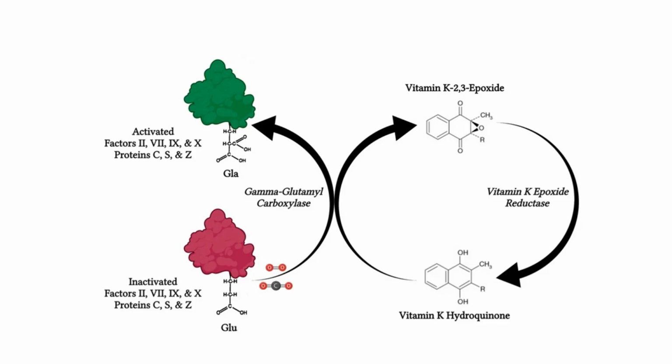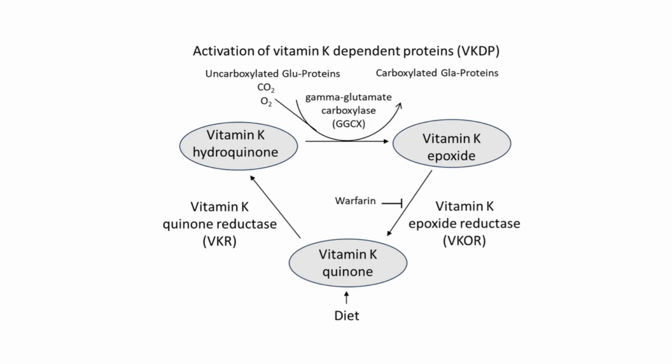Now the question is, where does vitamin K come into this process? The enzyme gamma glutamyl carboxylase uses reduced vitamin K as an essential cofactor. Reduced vitamin K provides the energy required for gamma carboxylation.